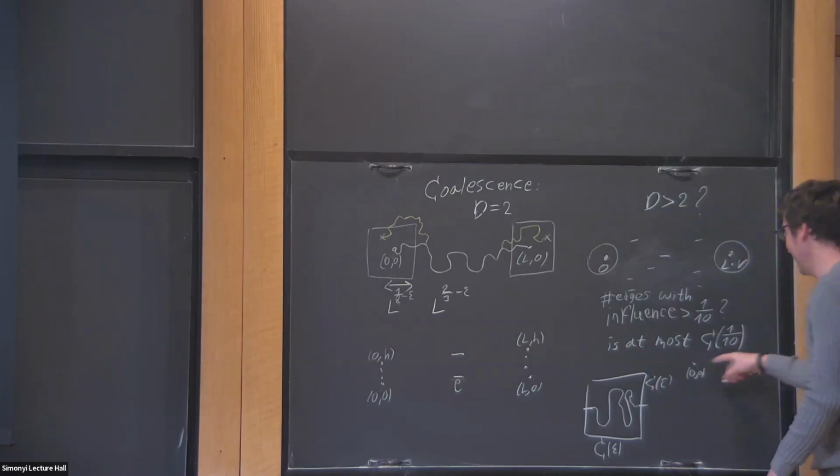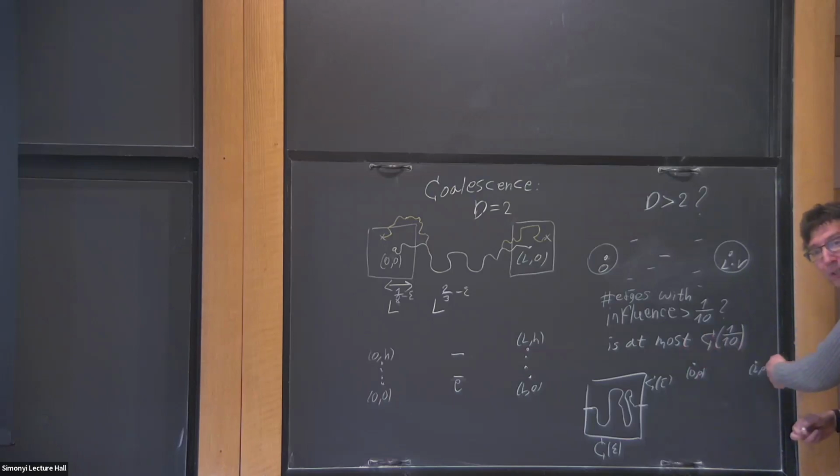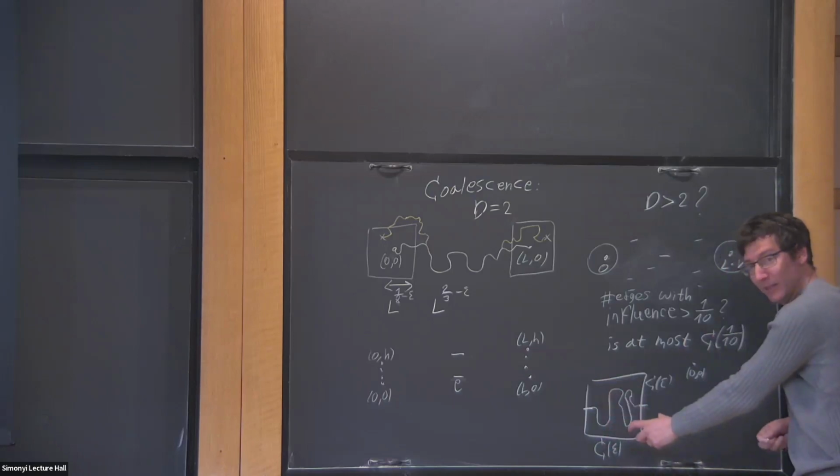No matter how big L is, the ratio of this to L converges to a limit, and this limit is achieved already by a small box.